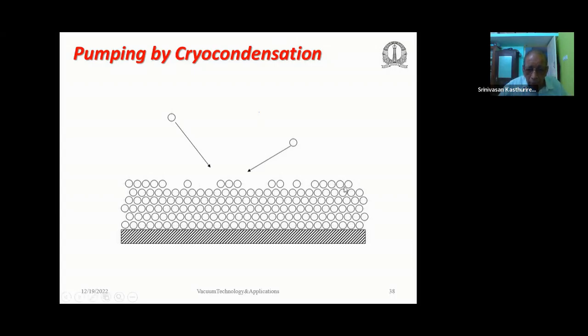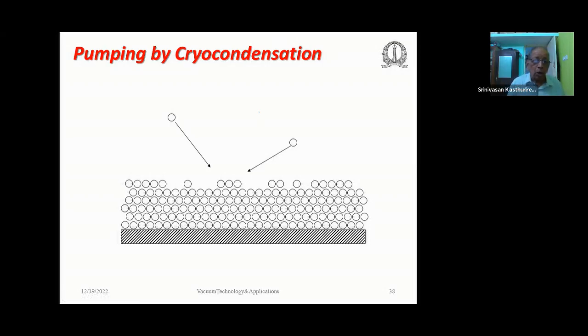And at a particular level, the layer temperature is sufficient such that some molecules will be coming in, some molecules will be going out. So there will be an equilibration taking place between the molecules which are entering and the molecules which are going out at that particular zone. What is this process?